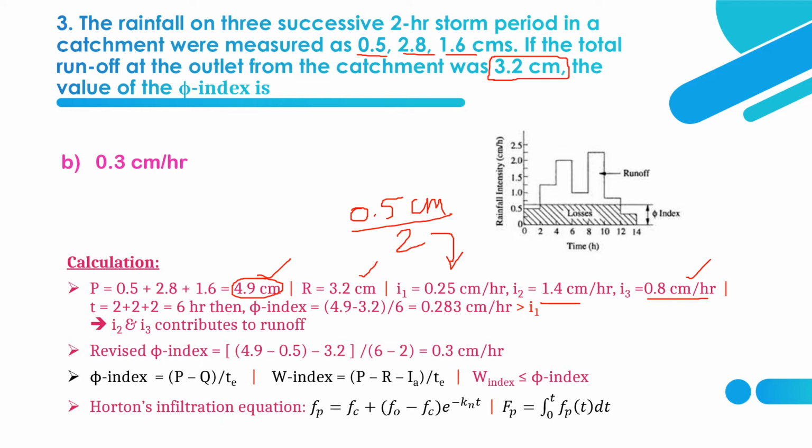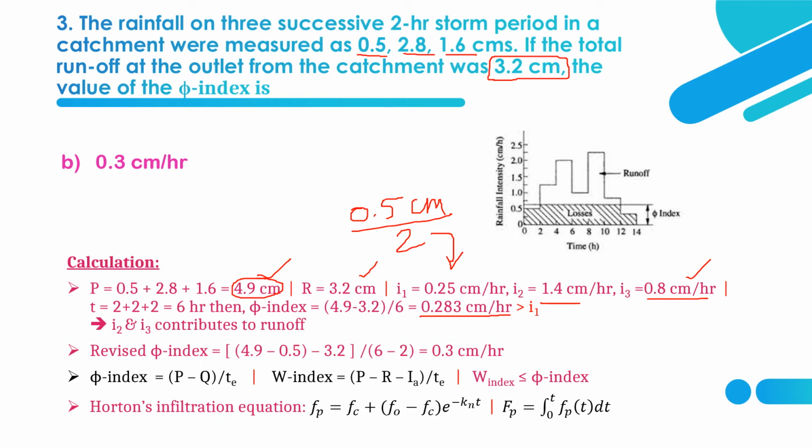And how to calculate the phi index? Phi index is P minus R divided by T. We know the value of P, 4.9, and R, the runoff, as 3.2, divided by total time 6. So we got the phi index as 0.283 centimeter per hour. But this is not the actual phi index, because the phi index must be less than I1.